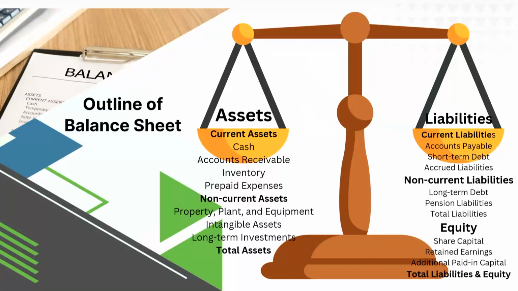Now, on the liability side, we have the current liabilities. Current liabilities are the debts and the obligations that a company must settle within a span of 1 year. Common types of current liabilities are accounts payable, means money owed to the suppliers of the organization. Short-term debts mean loans and credit lines due within a span of 1 year.